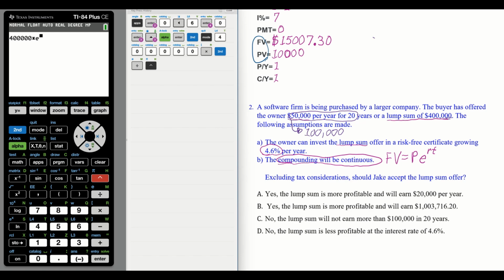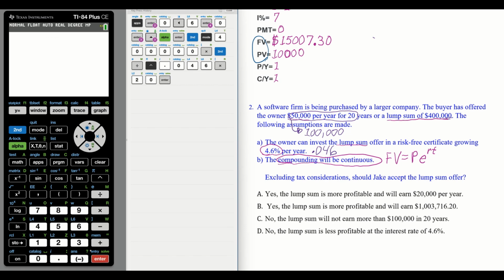My rate, now that's another thing. This rate must be changed to 0.046. We must change that. So 0.046, multiply that by how many years? 20 years. Okay.